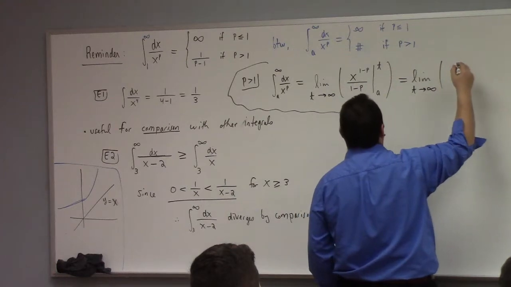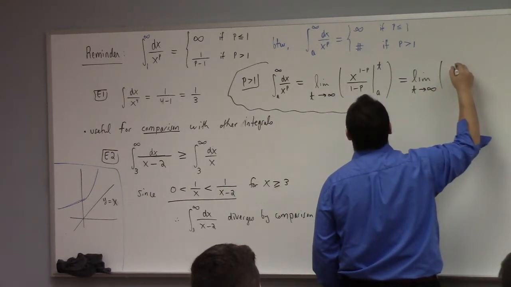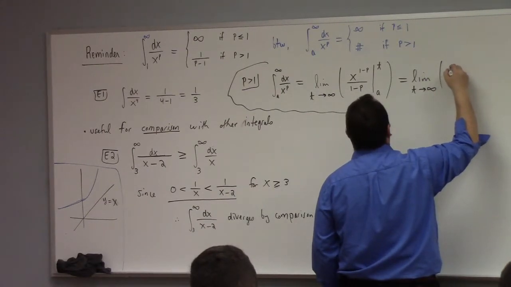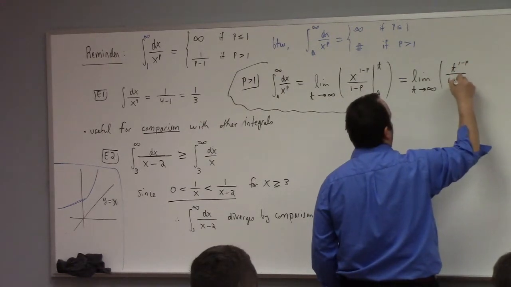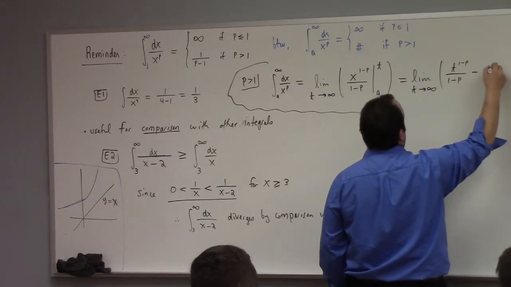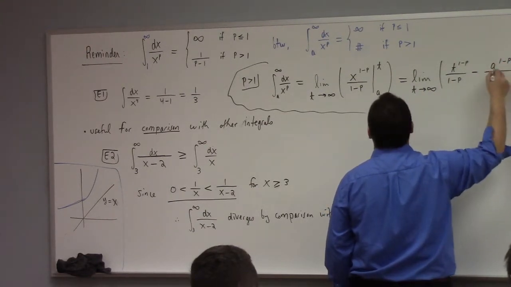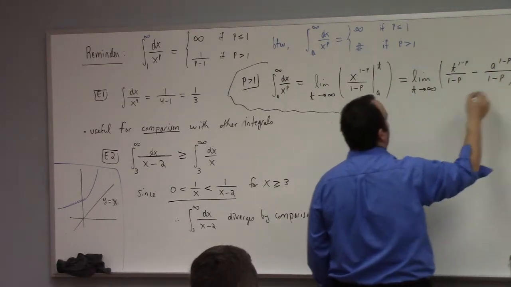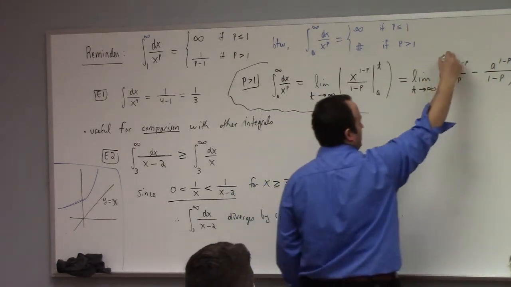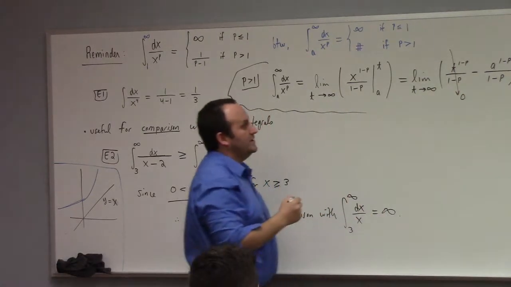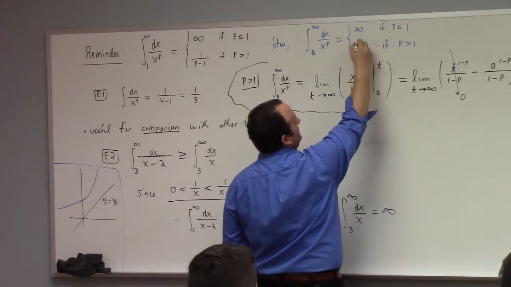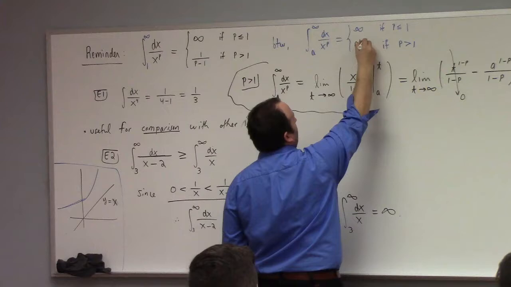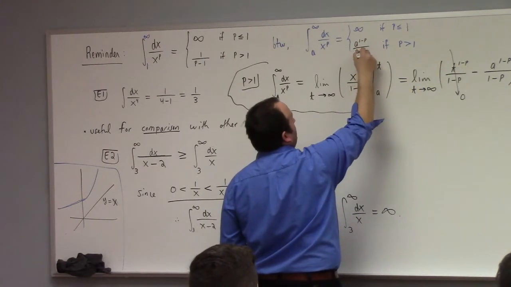I should have done this yesterday. Oh, it's something. The upper bound. What happens to the upper term here? That goes to 0, right? So this piece goes to 0, given the condition that p is larger than 1. And the other piece is just a constant, which I can more specifically say here is a to the 1 minus p over p minus 1, right? So there it is.